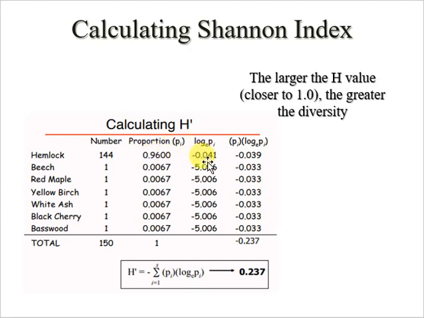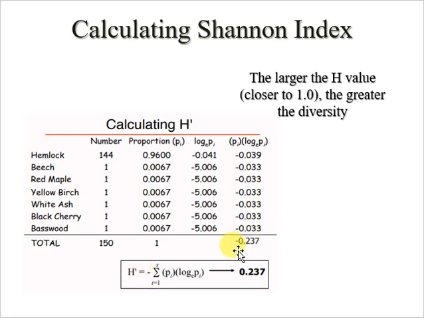Then you take the natural logarithm of that proportion, and then you multiply that value times the original proportion to get this pi times natural logarithm of pi value. You sum all of these values together in this column, and that gives you that total value, which is then going to be inverted.